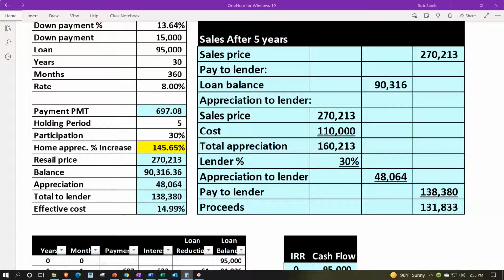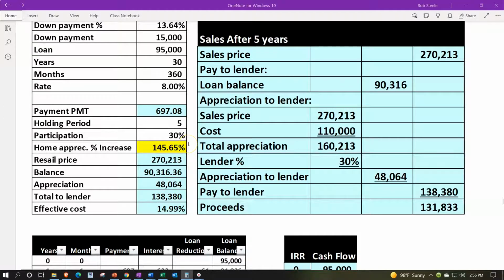a 15% return on my money. So if you did this, and we do this in Excel, and you have everything set up in this format tied together, then your question would be, well, how much would the property have to sell for in the future in order to generate a rate of return or an effective cost of 15%? And you could do that using a tool in Excel called GoalSeek. That tool will basically say, I would like you to set this cell to 15%, about 14.99, by changing this cell up top.